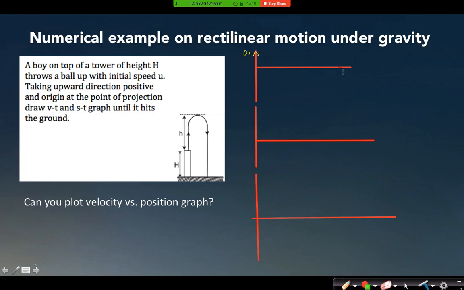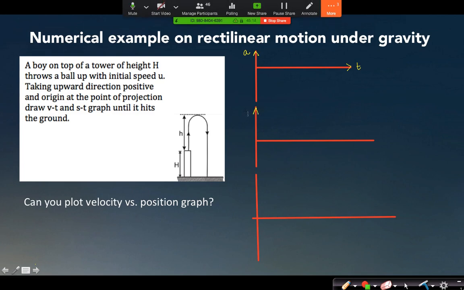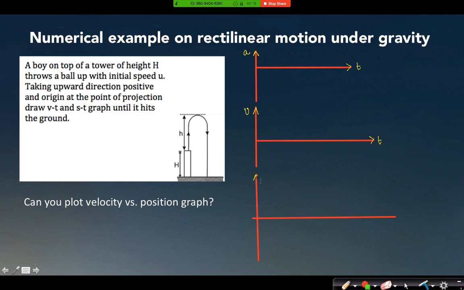So this is AT. This will be your VT. This will be ST. S means position, or here in this question you can also take S to be delta S or displacement. Why? Because you can see that the initial position is only the origin, right? So your initial position vector for this question is 0.